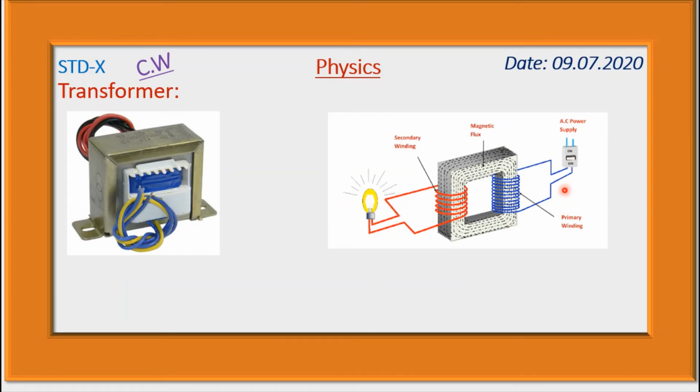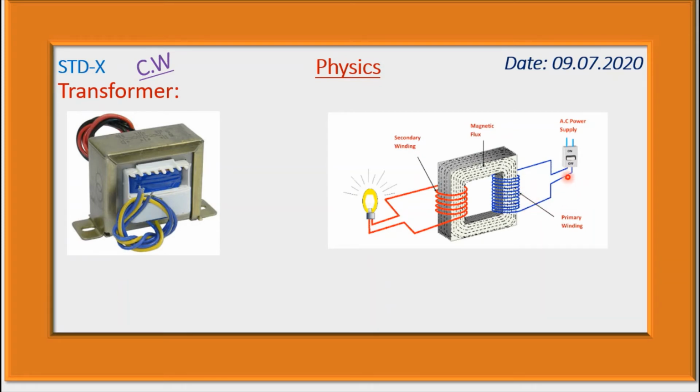We know if current flows through a coil, then it will act as a magnet. Here AC current is flowing. We know AC means alternating current. When alternating current is flowing through this coil, an alternating magnetic field will be produced.